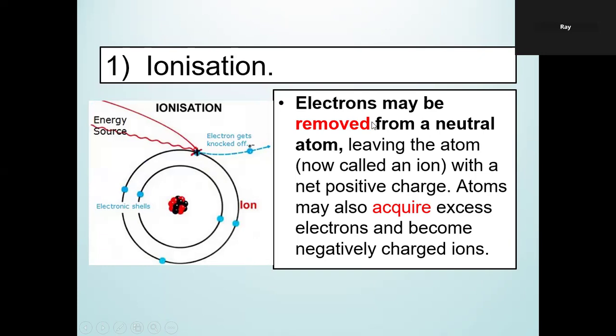Ionization: electrons may be removed from a neutral atom, leaving the atom now an ion with a positive charge. Atoms may acquire excess electrons and become negatively charged. So if you lose an electron, it becomes positively charged. If you gain an electron, the atom becomes negatively charged.